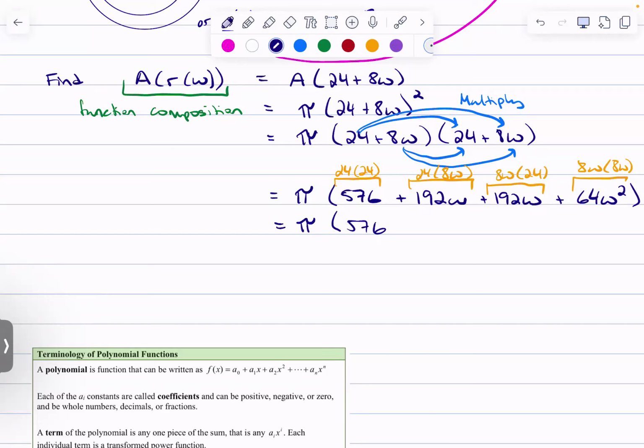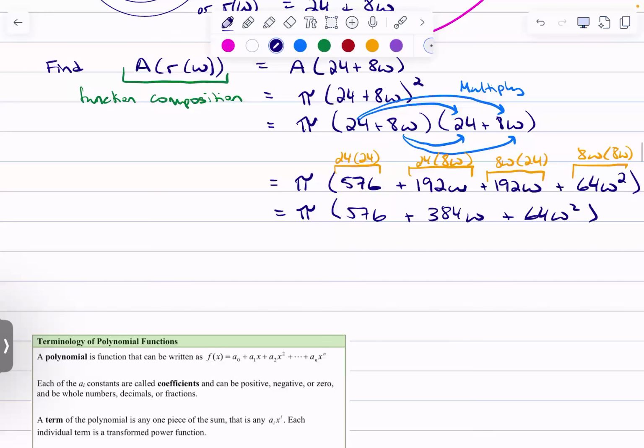192 plus 192, 384 W plus 64 W squared. All right, collecting those like terms of W. But what I meant to say is pi can just stay as pi. And you've got a pi button on your calculator.